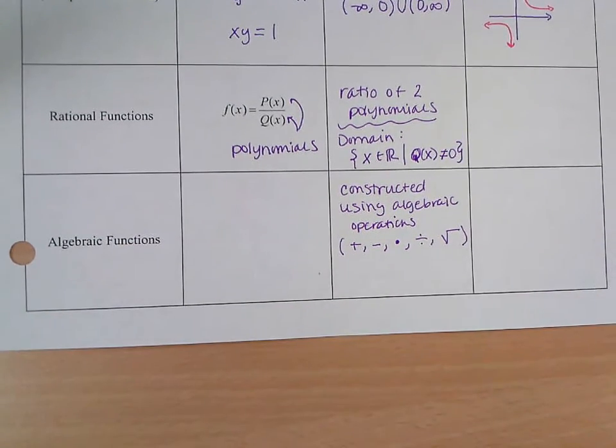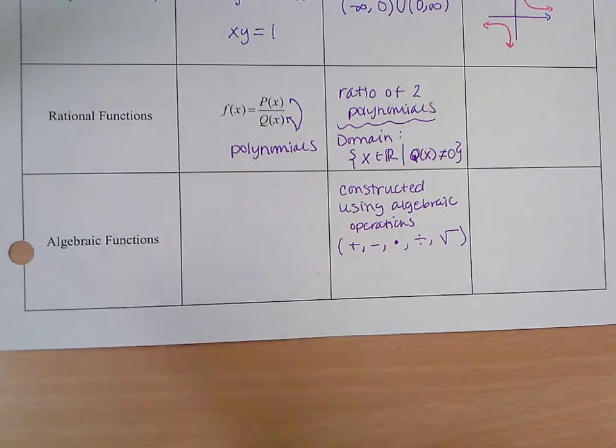So any function that is constructed using those operations is considered algebraic. So that means all polynomials would be algebraic functions. All of these power functions we just looked at would be considered algebraic functions. It does include all rational functions.